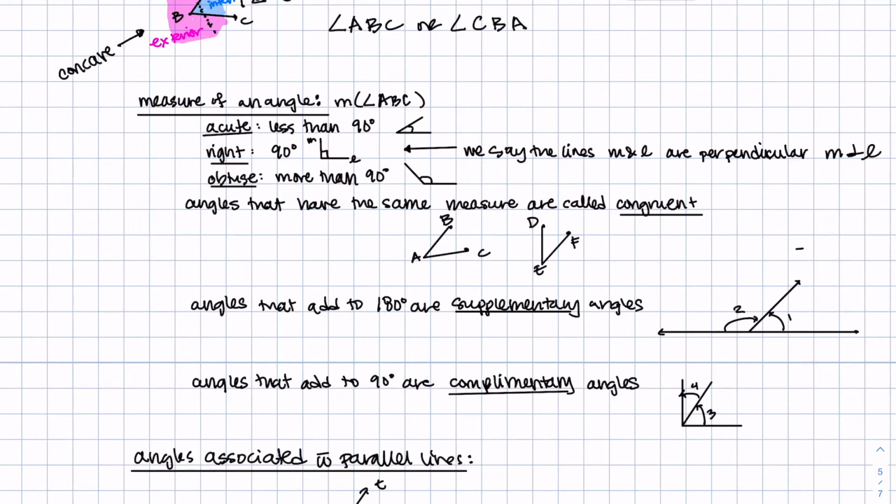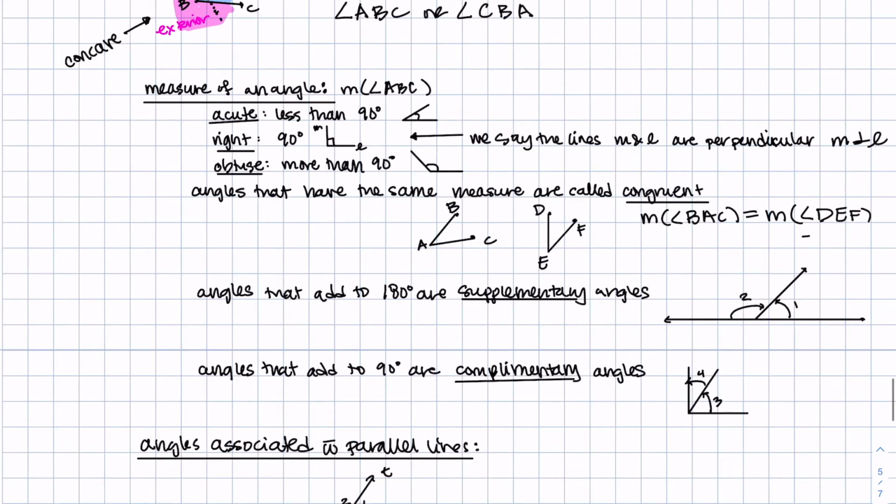Okay, a few more bits of terminology. So we call two angles congruent if they have the same measurement. So that means that the measure of, say, this first angle, BAC, and the second angle, DEF, this is an E. And so if the measures of these two angles are the same, they are congruent.